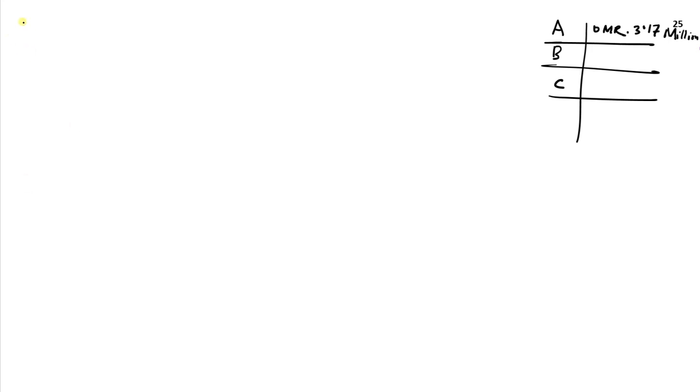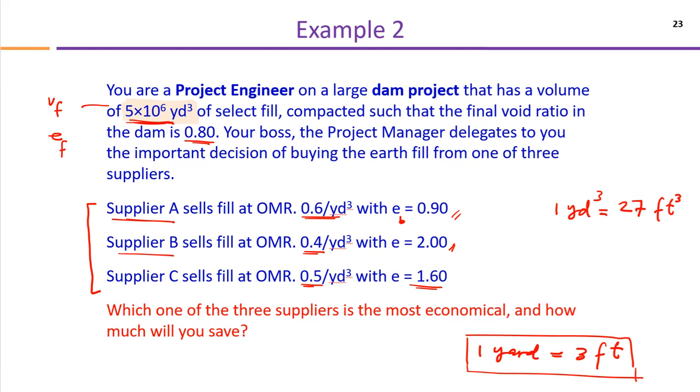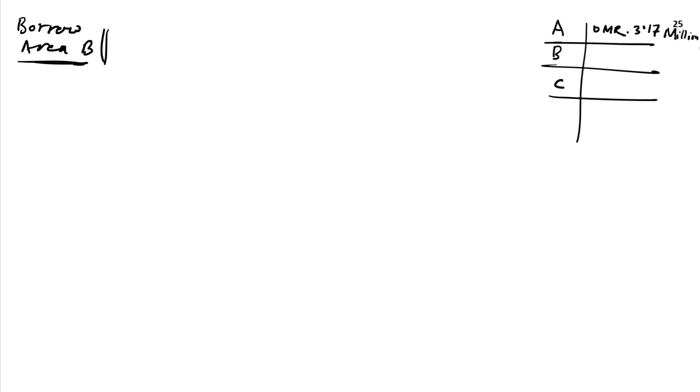Now let's look at borrow area B. If you go back and see, for borrow area B, the rate is 0.4 and the void ratio is 2.0.